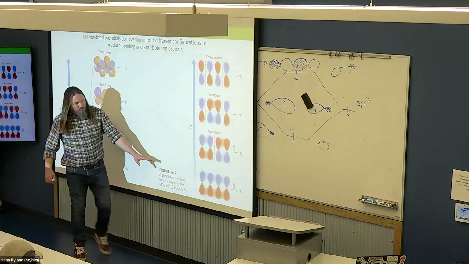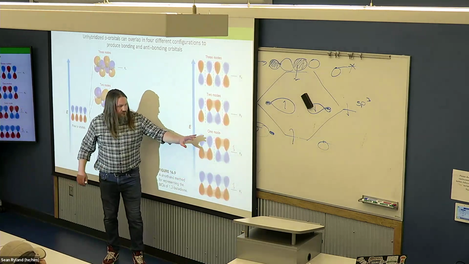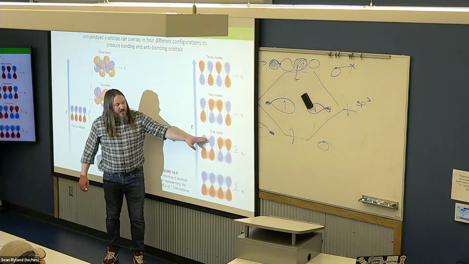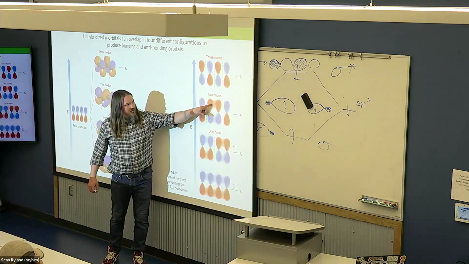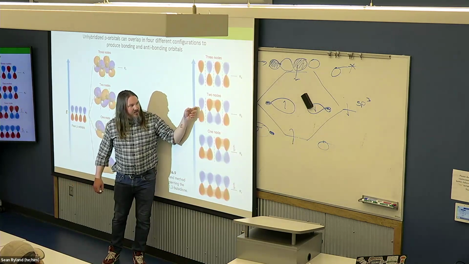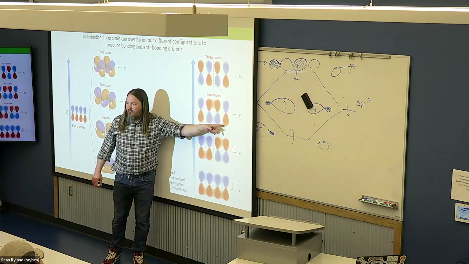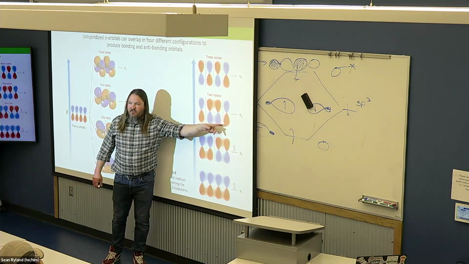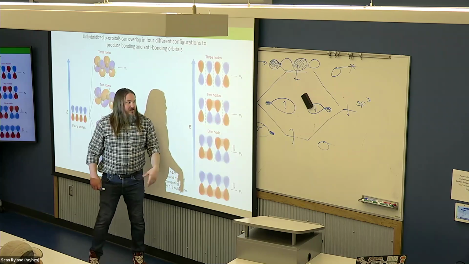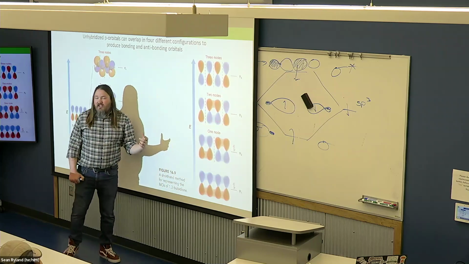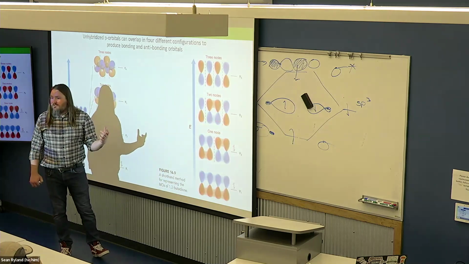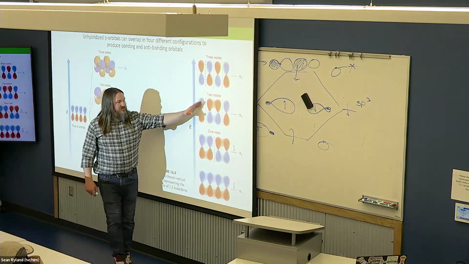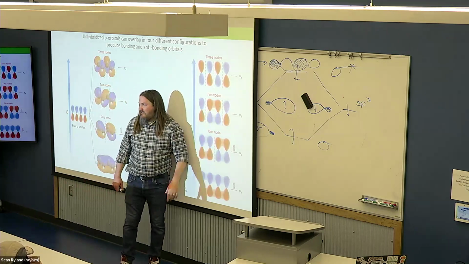Everything matched up, all blue on the top, all red on the bottom. 2 match up. This one looks like 1 pi bond and then 2 isolated out of phase p orbitals. So that's going to be higher in energy. That's not a complete non-bonding orbital or anti-bonding orbital, but it's close. There's more anti-bonds, there's more nodes than there are bonds.